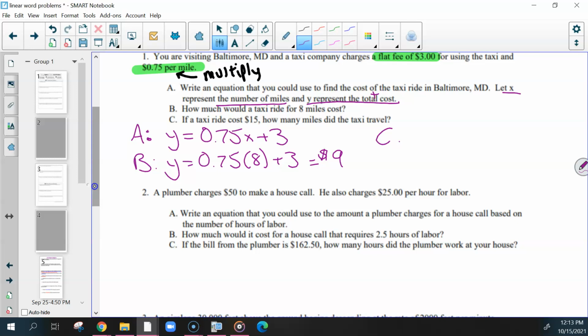For that last part, it now gives us the cost, and we have to find the number of miles. So we can put 15 in for y, put the rest of our equation, and we have to solve. And how would we solve this?